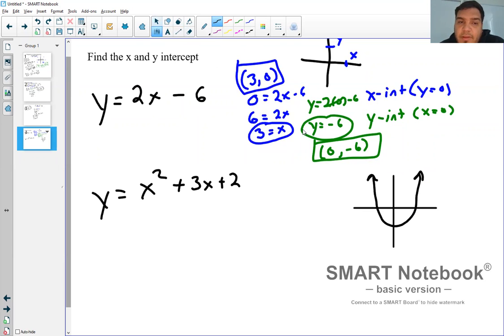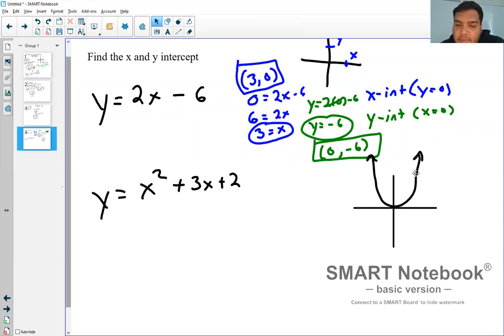In a parabola, you could have two x-intercepts because they hit the x-axis at 2 points. Or you could have exactly one x-intercept. Or you could have 0 x-intercepts, where it doesn't hit the x-axis at all. All these things are possible.